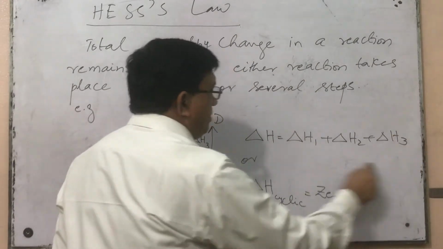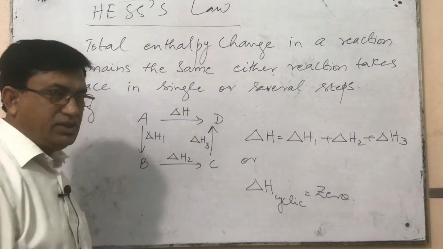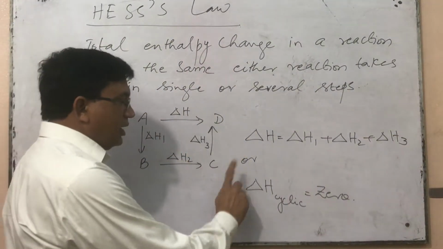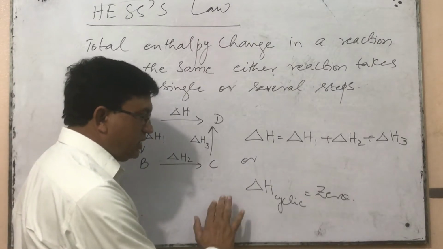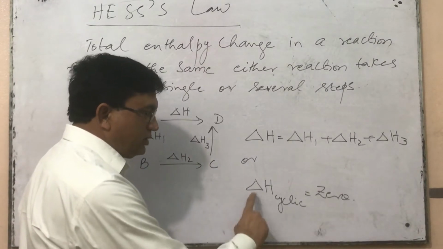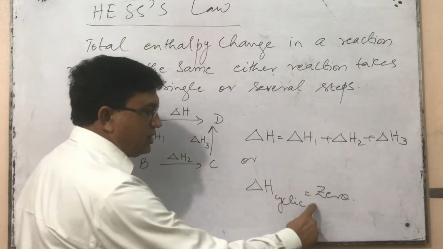This can be mathematically written just like this. Another second definition of Hess's law states that the total enthalpy change for a cyclic process is equal to 0.